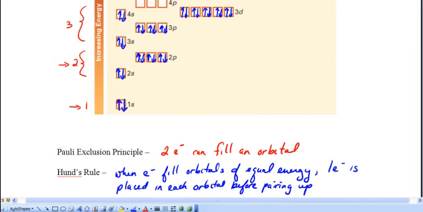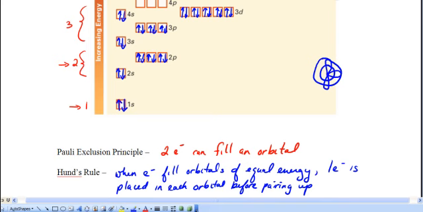Now all we're doing is showing you where the electrons are arranged around the atom. If here's your nucleus, the first 2 electrons are placed in the 1s orbital. The next 2 electrons are placed in the 2s orbital, which is spherical. It's just larger than the 1s. Then you're going to have to put electrons in the 2p's. The p orbitals are these peanut-shaped guys that look like this.